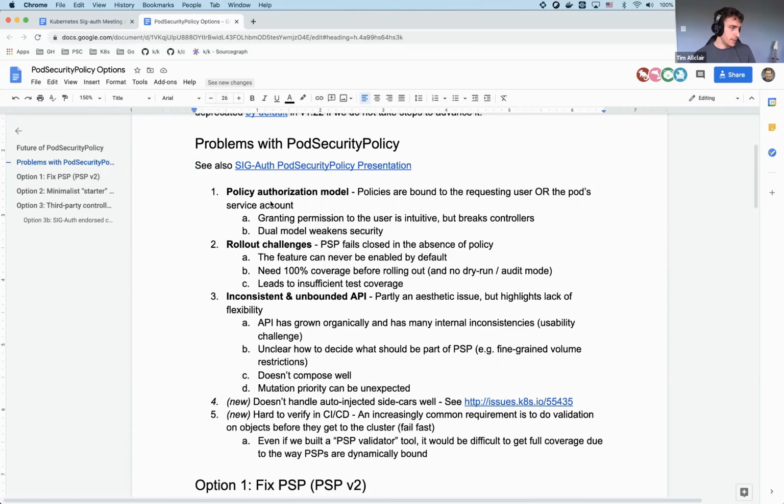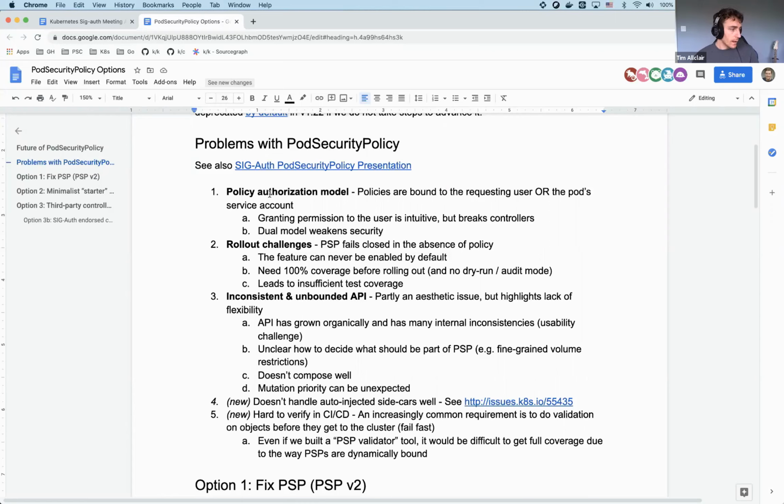The second issue is pod security policy is a global all or nothing policy in the cluster. So either you have pod security policy enabled or you don't. And if it's enabled, everything running in that cluster needs to be authorized by a pod security policy and fails closed in the absence of a PSP.